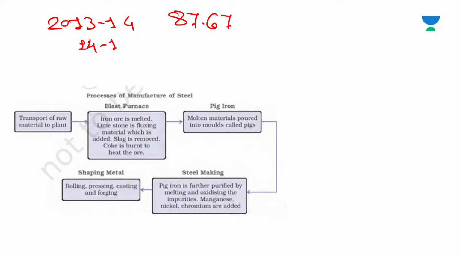Then 2014-15, 92.16. 2015-16, that is 91.